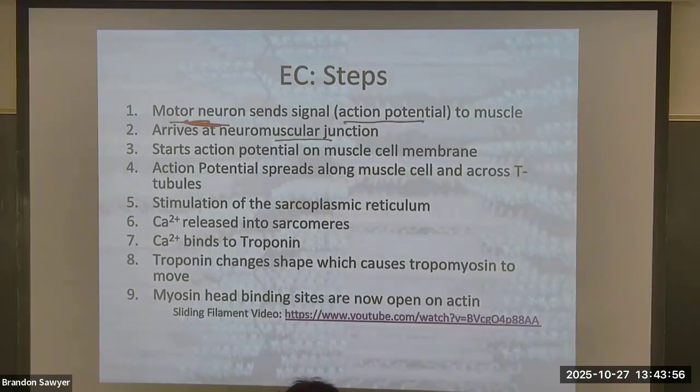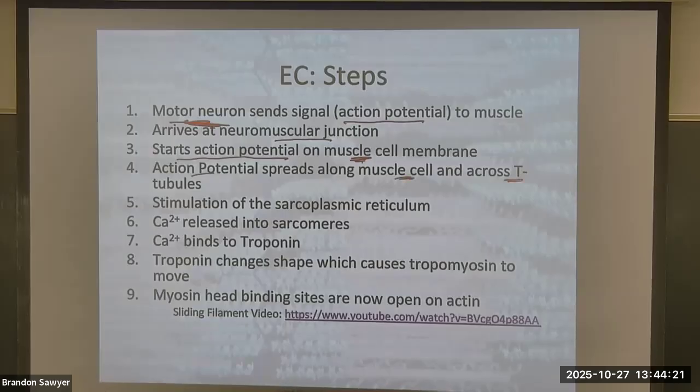So that's the space between the nerve and the muscle. There's a little space in between that whole part. It's called the neuromuscular junction. The key there is that we're going to start another action potential on the muscle now. So we started with an action potential, or a nerve signal, on the neuron, and then we pretty much transferred that to the muscle cell. That action potential is going to spread along the muscle cell membrane and those T tubules.